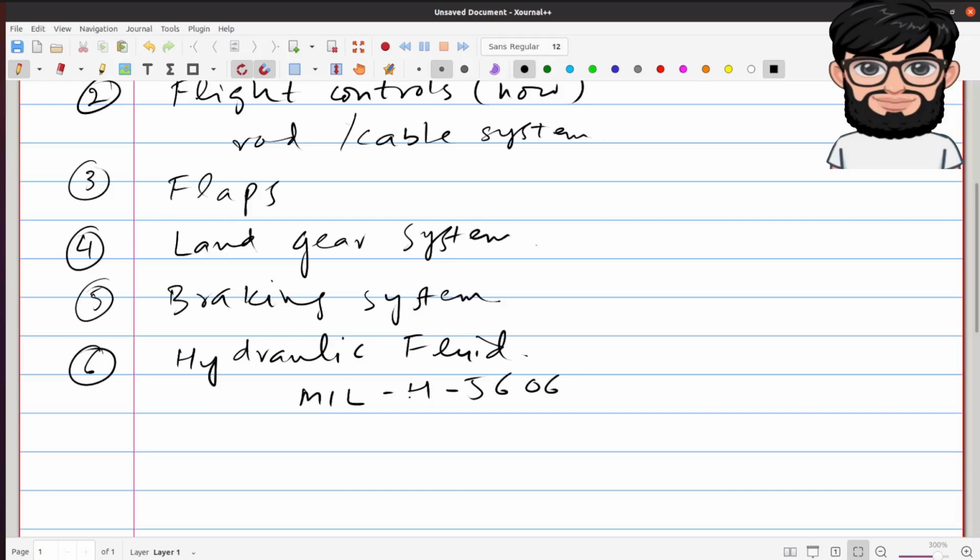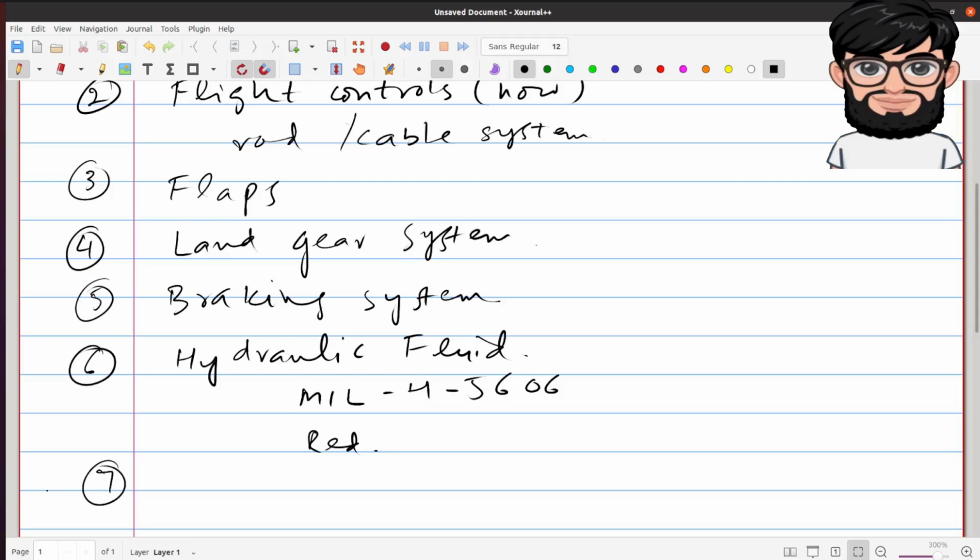Right, it's a mineral based hydraulic fluid, and it is used mostly in a wide variety of small aircraft. That's the one we use. It also has an odor similar to a penetrating oil, and it is dyed red. The color of this fluid is red.